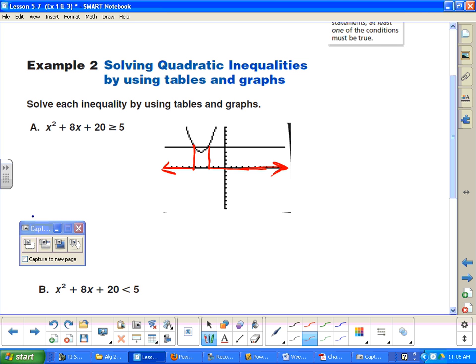The only thing is I need to find out what exactly those two x values are. But that's where the graph is greater than the line y equals 5. So let's look at the table too. Maybe that will help us to find those exact values.